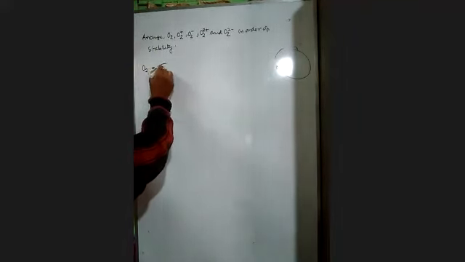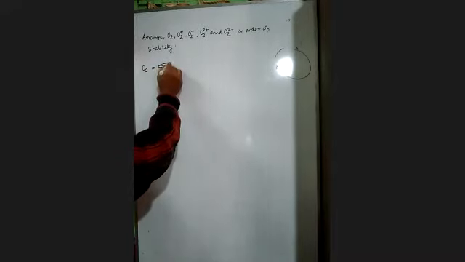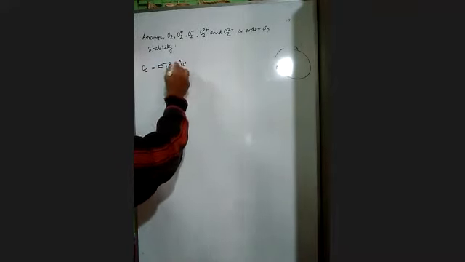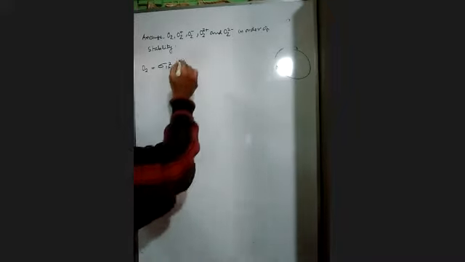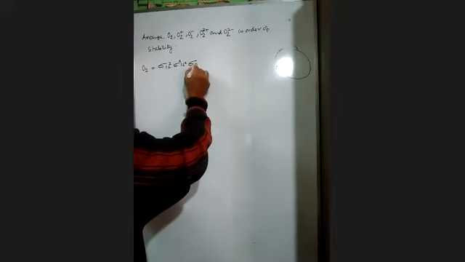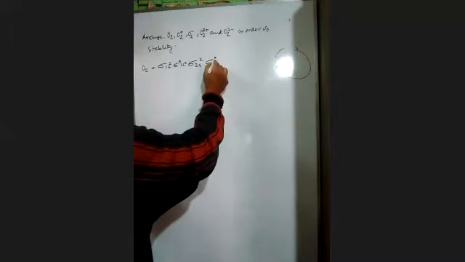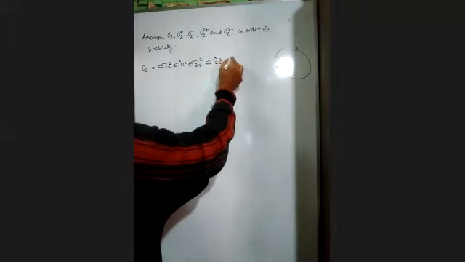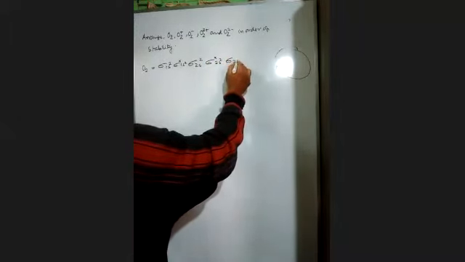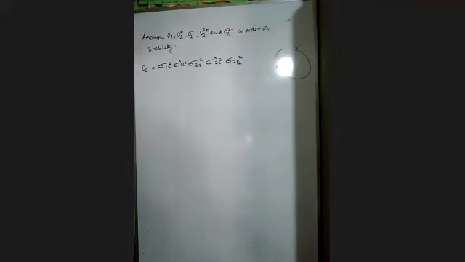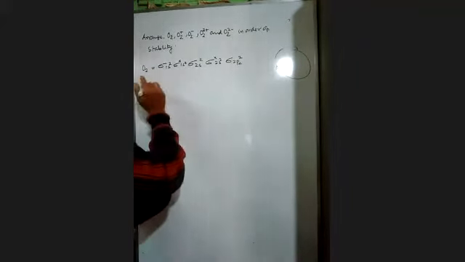We know sigma 1s2, sigma star 1s2, sigma 2s2, sigma star 2s2, sigma 2pz2. So these are all in order of energy.